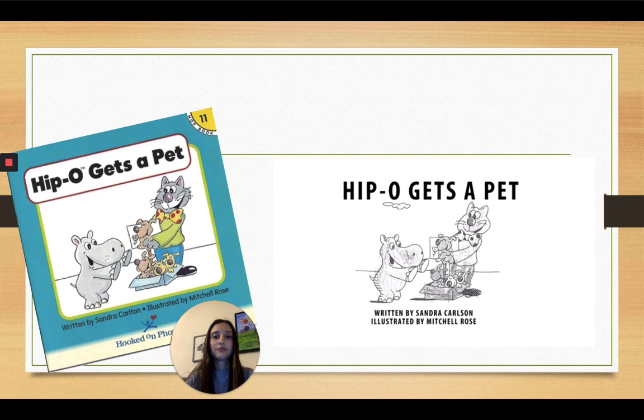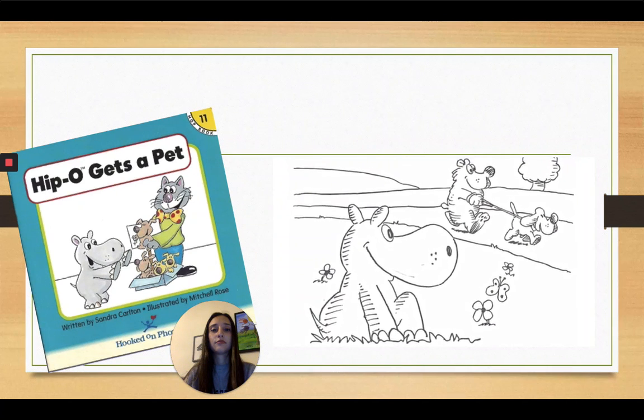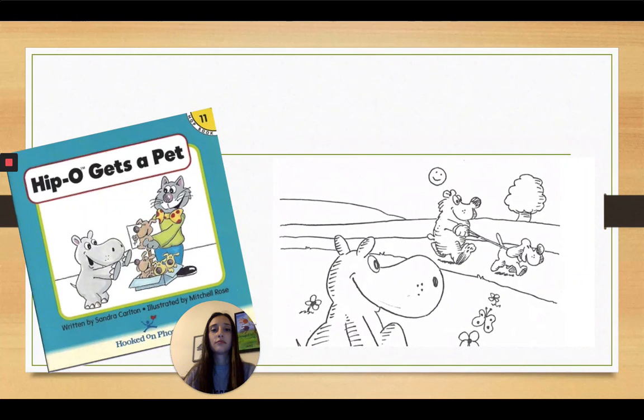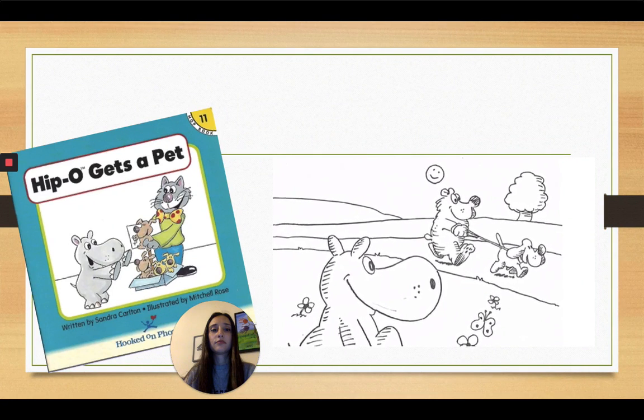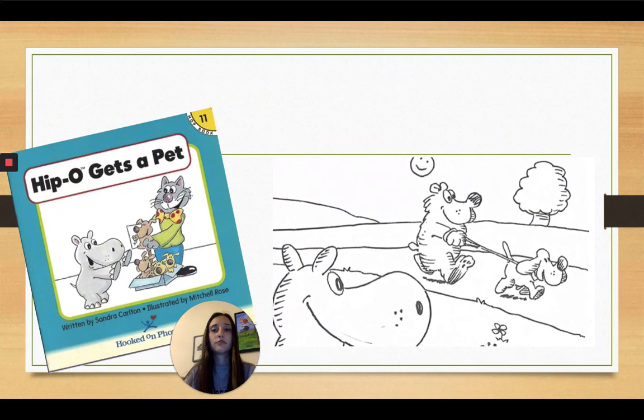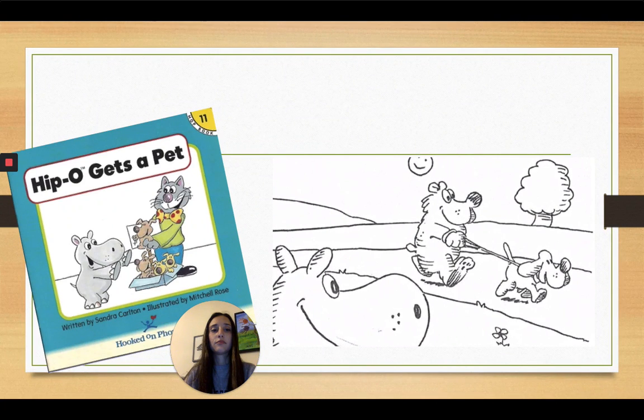Welcome to Test Story Time. Hippo Gets a Pet. Written by Sandra Carlton. Illustrated by Mitchell Rose. This is Hippo. Hippo likes pets. Hippo sees a man with lots of pets.